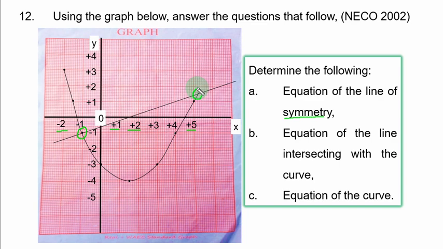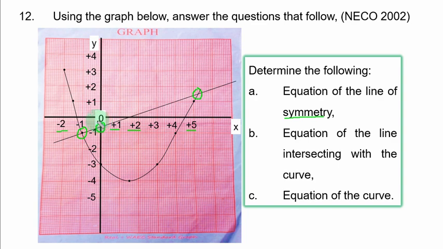For c, c is the intercept of the line at the y-axis. The intercept is at this point. Notice that one line on the y-axis is 0.1. If the scale is 2 centimeters to 1 unit, it means that the point of intersection of the line and the y-axis is -0.6.